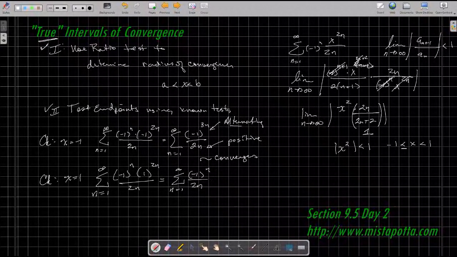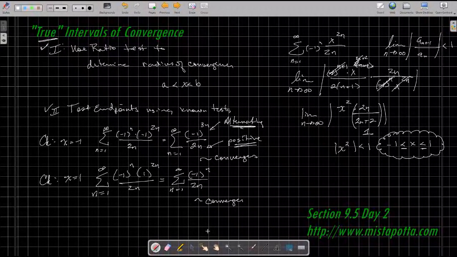And this is again an alternating series. Each one of these terms without that -1 is positive, and so this is going to converge as well. And so my true interval of convergence actually includes both endpoints.